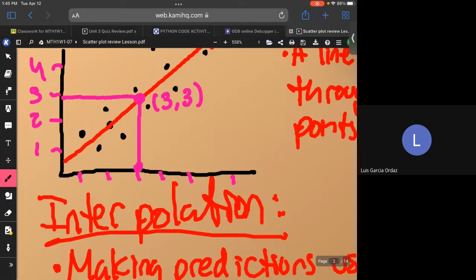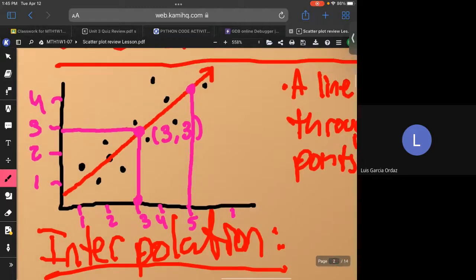If I really wanted to go to x is equal to 5, I can do the same thing. 1, 2, 3, 4, 5 is over here. I go up until I hit the line of best fit, and then I have to go across. Do you have to use a different color or something like that when you're actually plotting?